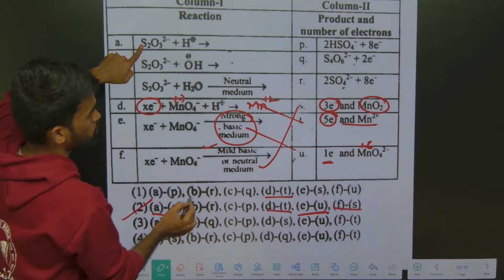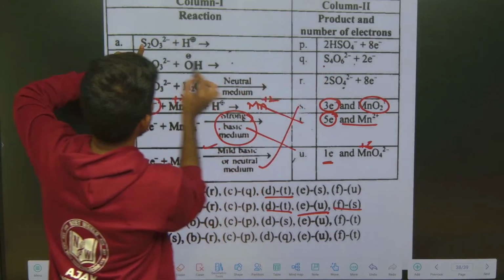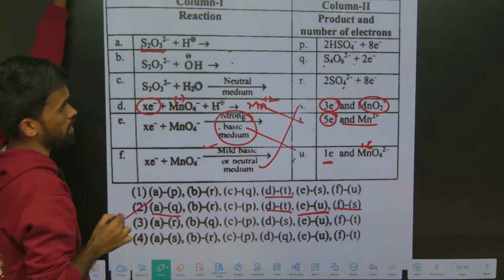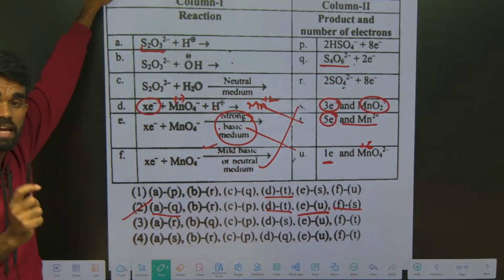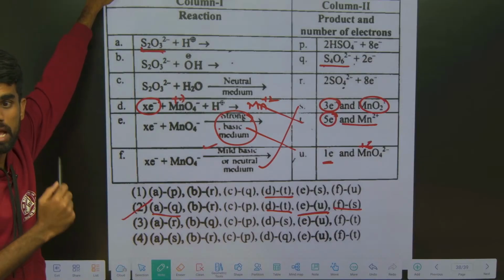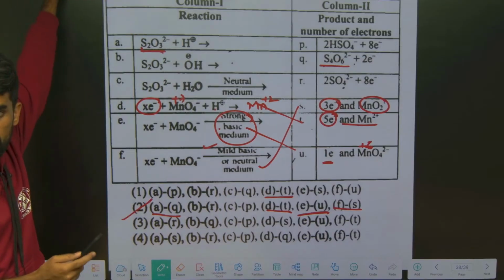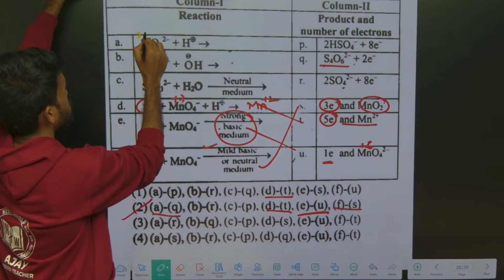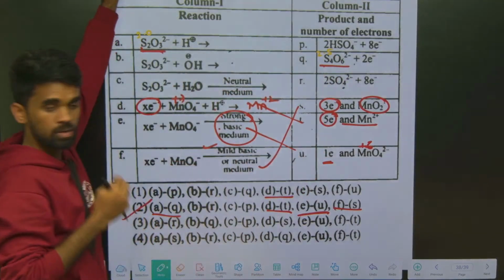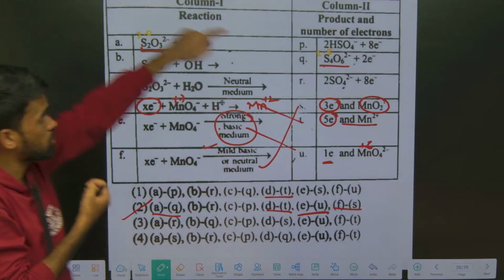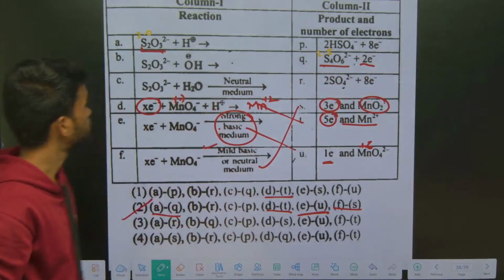After doing this, look at A. A is Q: S2O3 2 minus converts into S4O6 2 minus. What is its n factor? I told you when we did the hypo questions. This is nothing but hypo. Here the oxidation state goes from 2.0 to 2.5, and 2 electrons.